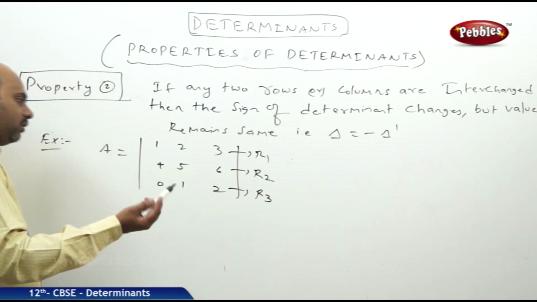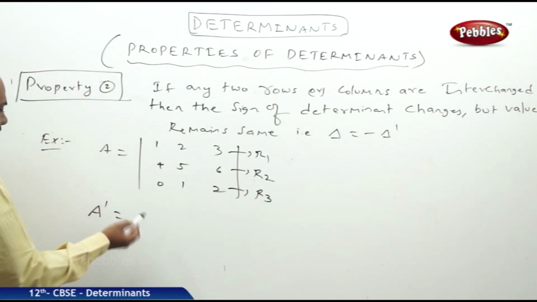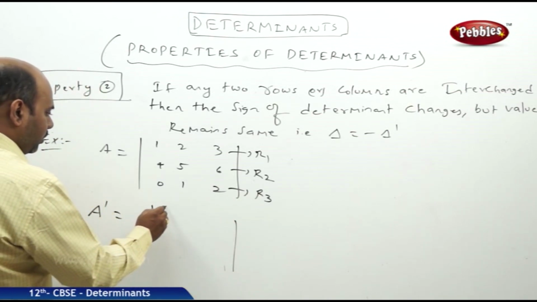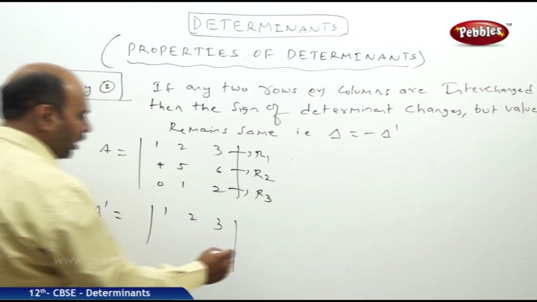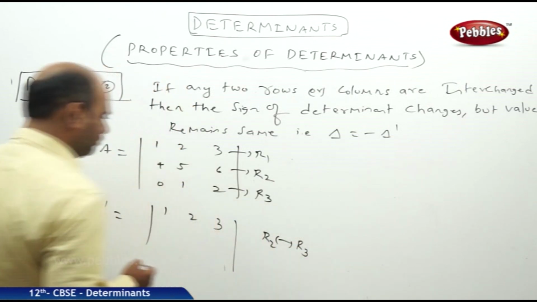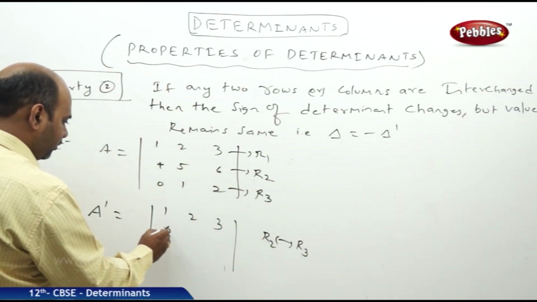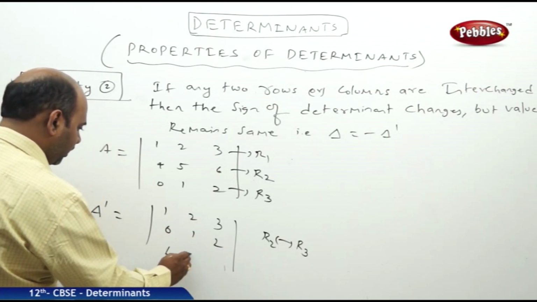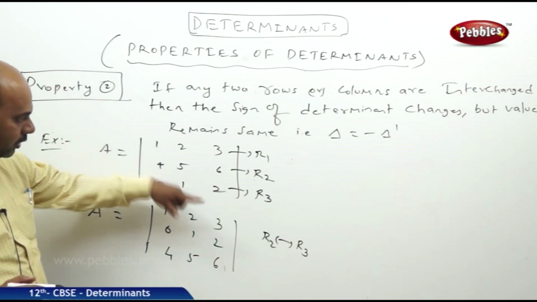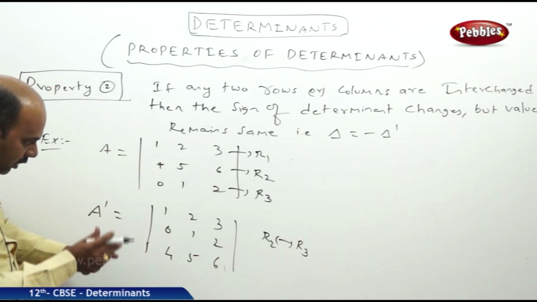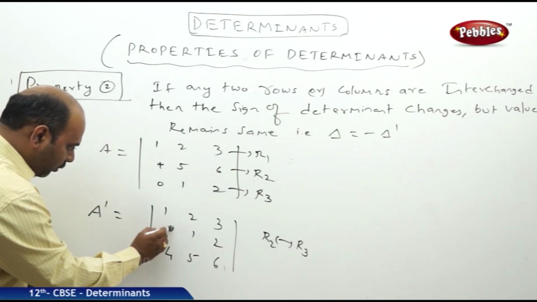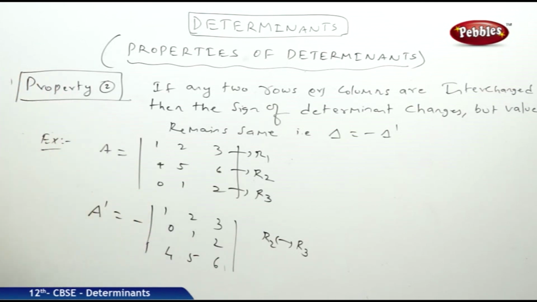When I interchange R2 and R3, I will obtain a new matrix: 1 2 3, because I am going to change R2 and R3. Interchange R2 and R3 means we should use this symbol. And what happens? 0 1 2 and here 4 5 6. If you observe carefully, 0 1 2 is going up and 4 5 6 is coming down. Two particular rows have been interchanged. So here we need to keep a minus sign.